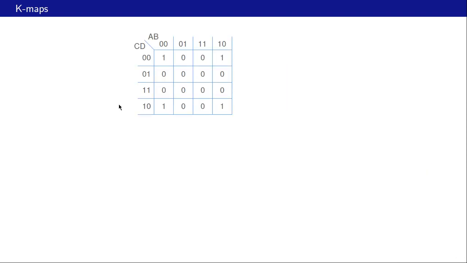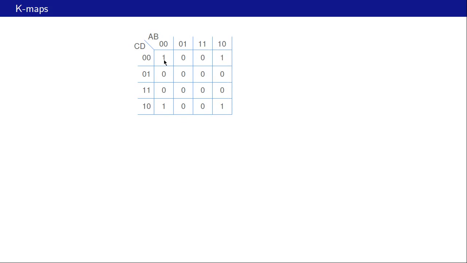Let us take this example. How many ones do we have? 1, 2, 3, and 4. And it appears that these 4 ones are not adjacent to each other and therefore cannot be combined. But they actually are adjacent. And why is that? Because this column is adjacent to this column, logically adjacent.